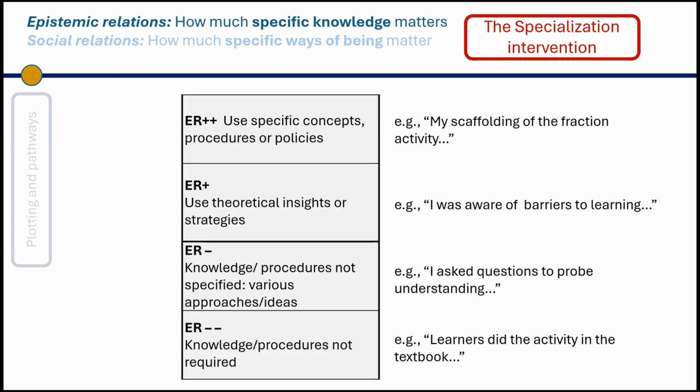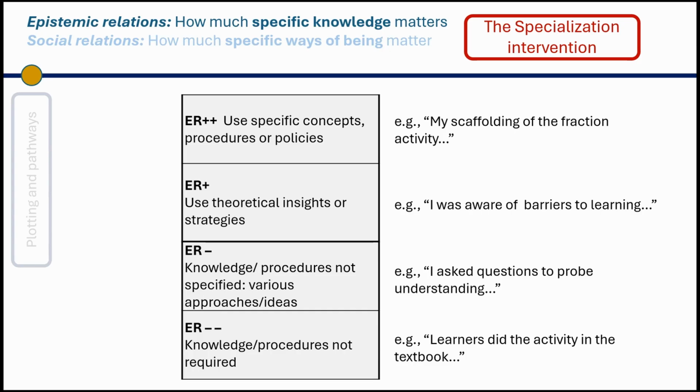And then the assignment was the culmination where we gave them these translation devices and the assignment. So the specialization dimension has 2 concepts, which are epistemic relations and social relations.